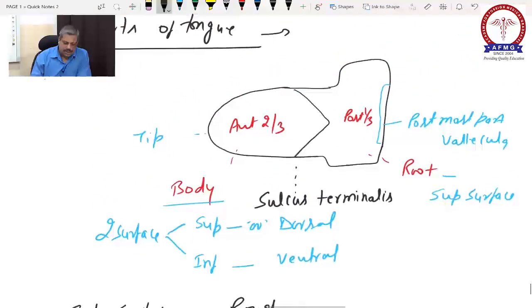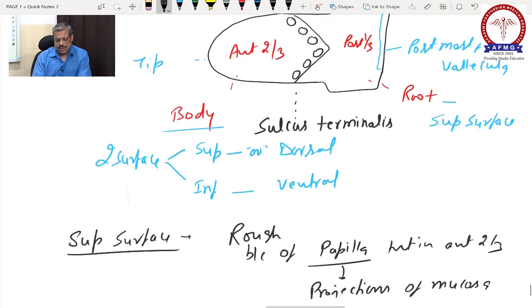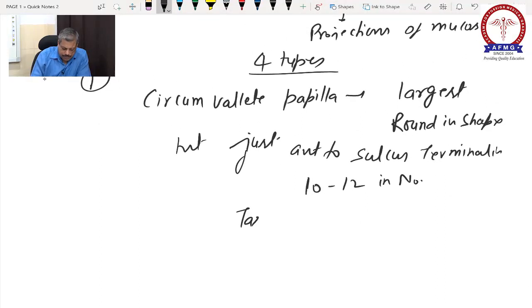So these are the circumvallate papilla. See, this is the circumvallate papilla. These are round in shape and they present just anterior to the sulcus terminalis, and the taste buds open here. The second type of papilla is the fungiform papilla.